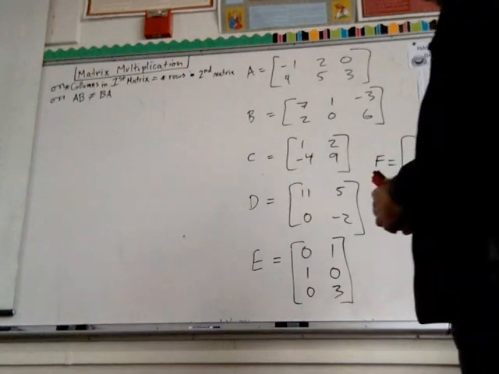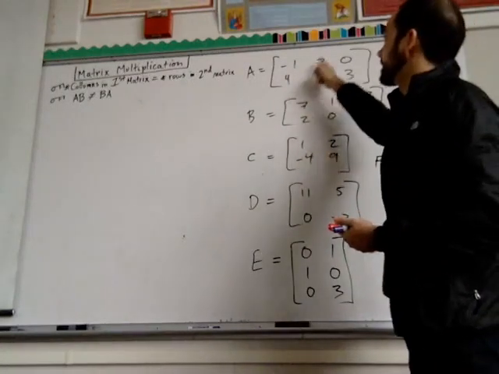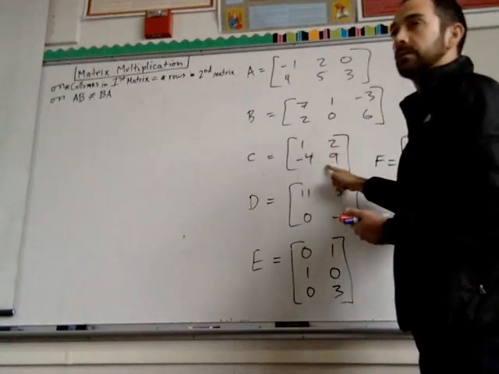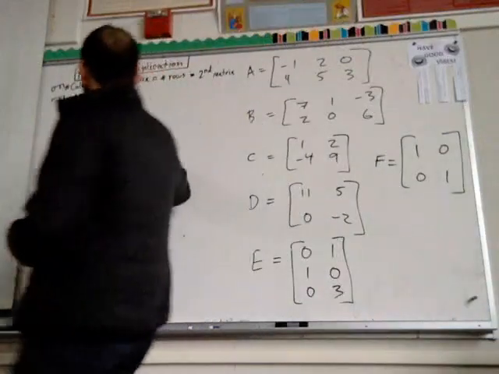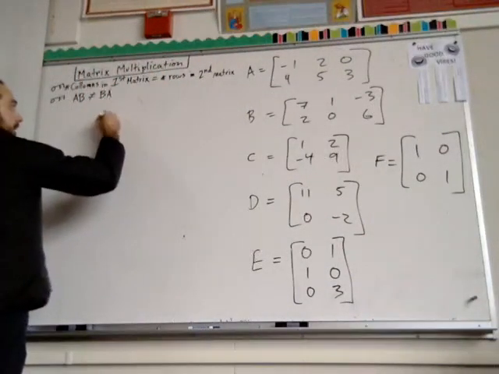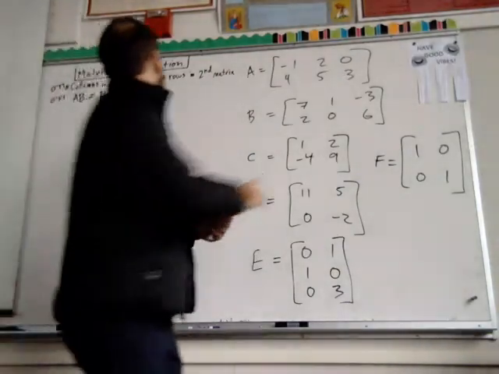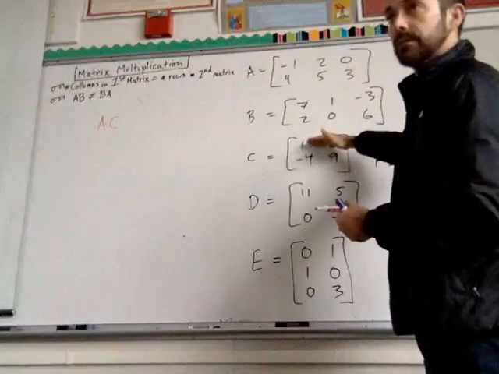C and A, okay. So here we have the columns, 1, 2, 3, right? Rows, we have 1, 2. Well, actually, look at this. If it is A times C, that doesn't work because A has 3 columns and C has 2 rows, right?